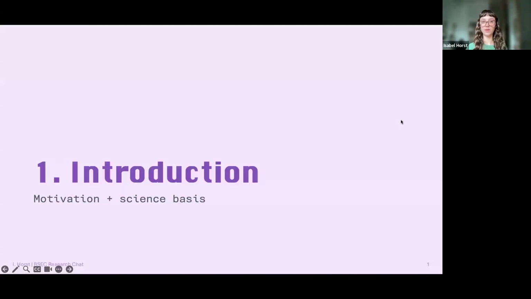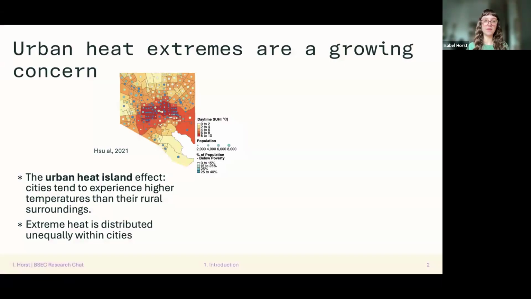I'm going to start with a bit of background motivation for this work, and also some of the scientific basis. At this point in BSEC, you're probably aware that urban heat extremes are a growing concern. We are familiar with the urban heat island effect, where cities tend to have higher temperatures than their surrounding rural areas.